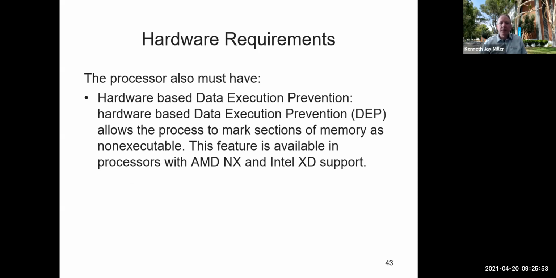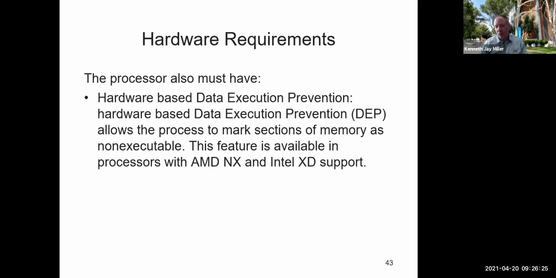Okay. It also must have the hardware-based data execution prevention, which is the DEP. And this allows the process to mark the memory as non-executable. So even though the memory may not be utilized, it needs to be reserved for the virtual processes.